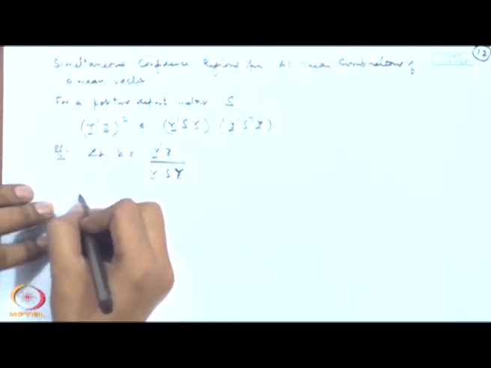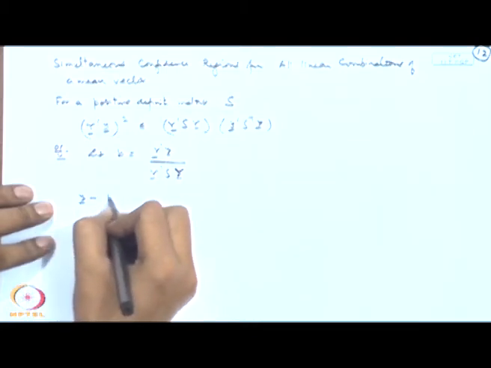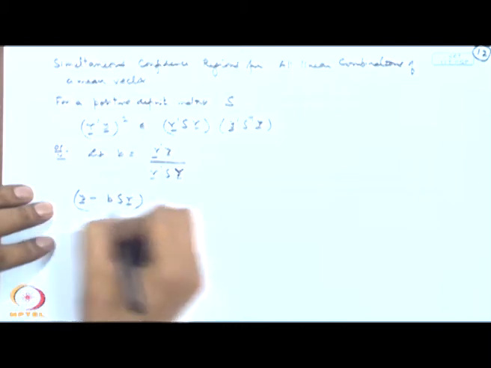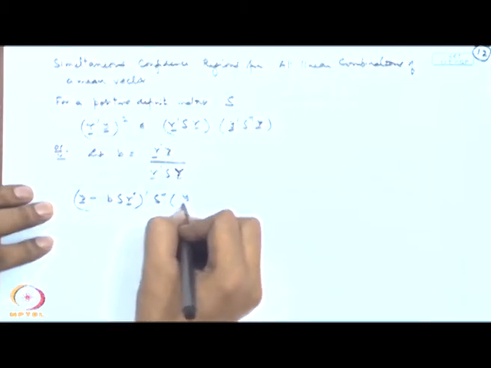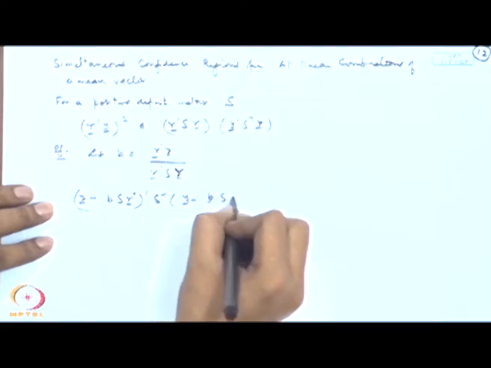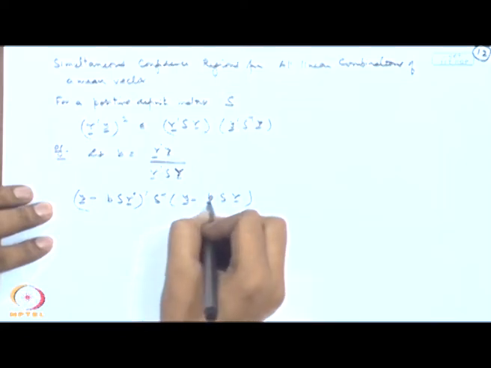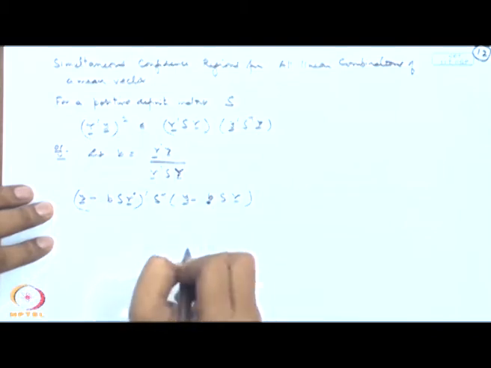Now, if I consider (y minus b S gamma) prime S inverse (y minus b S gamma), this is a scalar here.